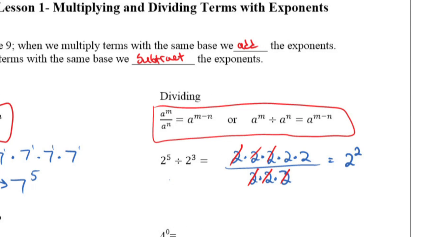Or I can just say 2 to the power of 5 divided by 2 to the power of 3 is 2 to the 5 minus 3, which equals 2 to the power of 2, which is the exact same thing. So there are 2 ways to do it.